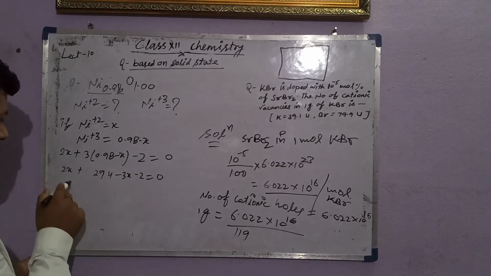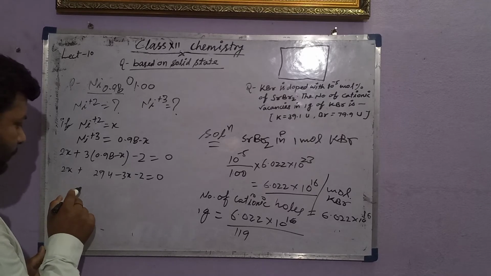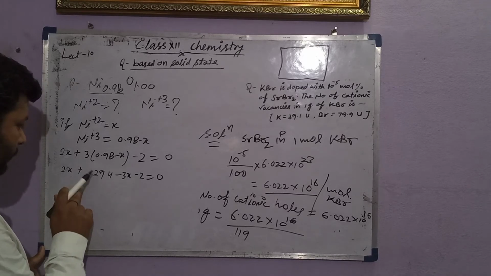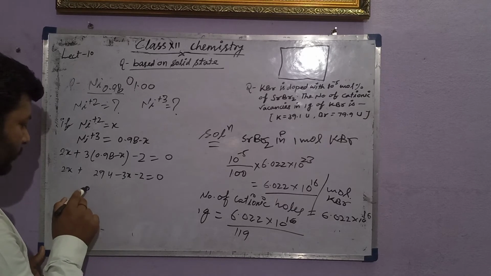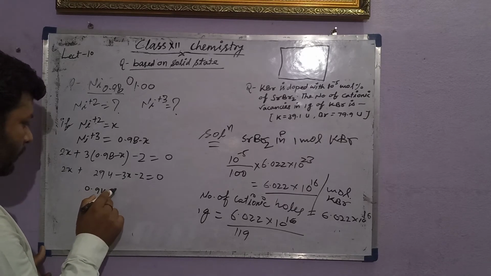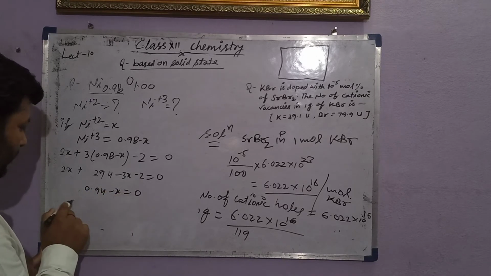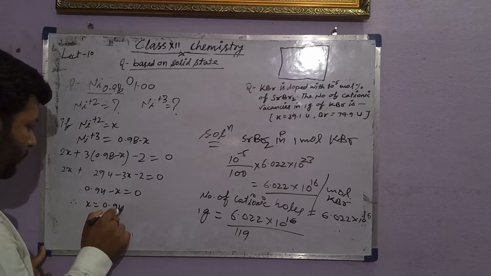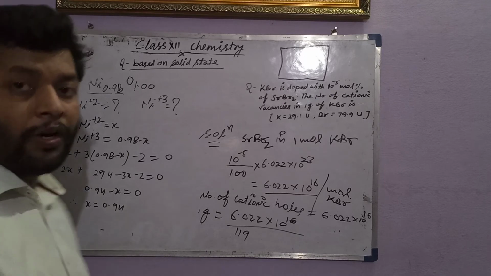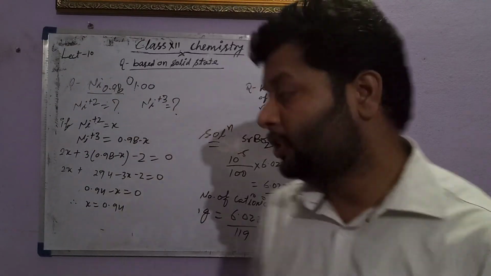Minus 3x plus 2x, there will be a minus x. And 2.94 minus 2 will be 0.94. Minus x plus 0.94 equals 0. Therefore x equals 0.94. The value of x equals 0.94.